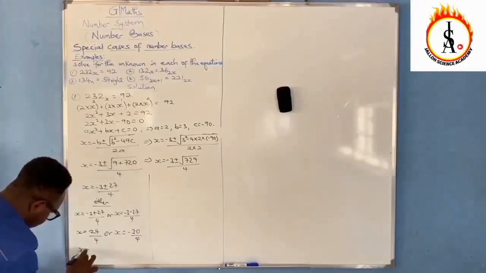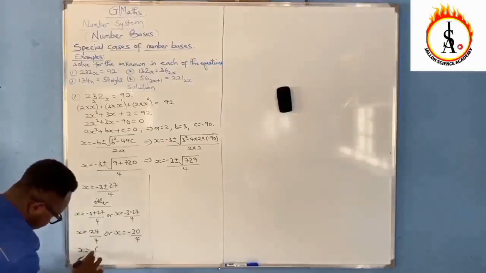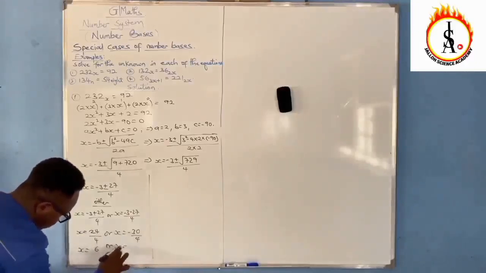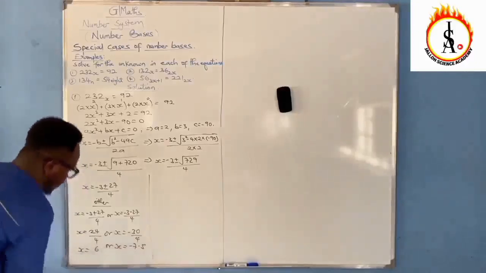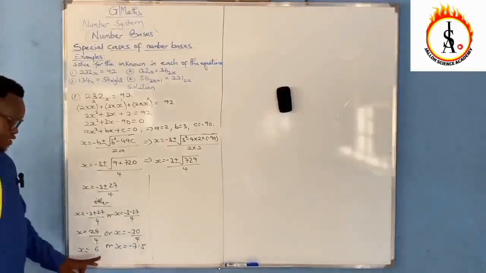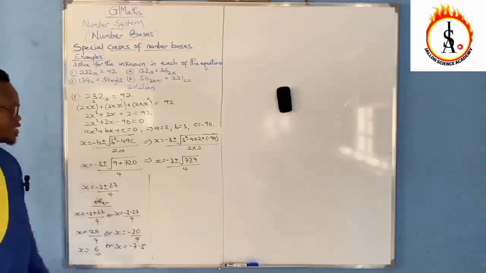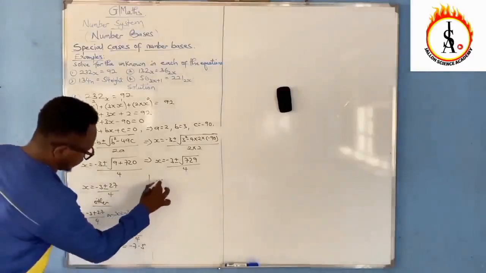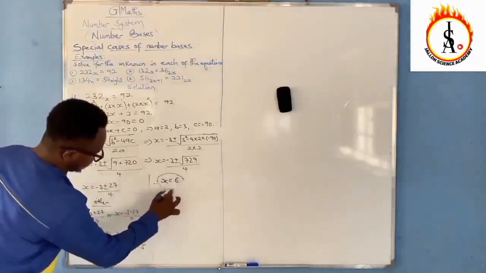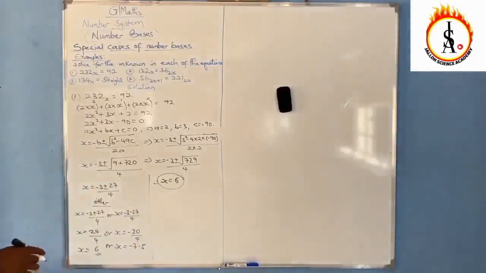So x is equal to 24 divided by 4 is 6, or x is equal to, this gives us negative 7.5. Now you have 6 and negative 7.5. So your answer is 6, because number bases cannot be negative. Therefore, x is equal to 6 as your answer. Okay, this is for the first example.